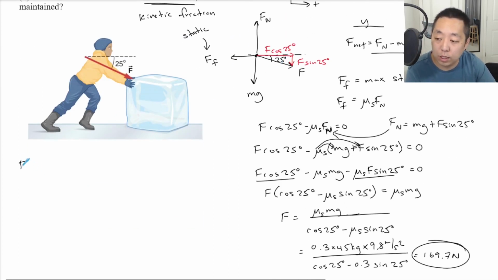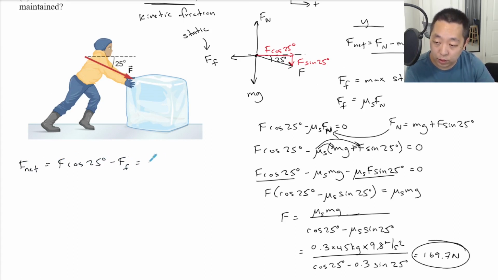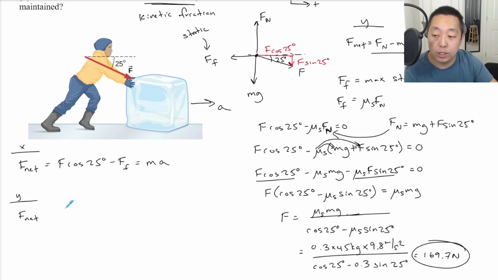In the horizontal direction, the net force is F cosine 25 degrees minus the force of friction. Now this is accelerating in the horizontal direction. It's not zero acceleration anymore. In the y direction, the acceleration is zero because it's not accelerating vertically. There's no vertical component of acceleration.